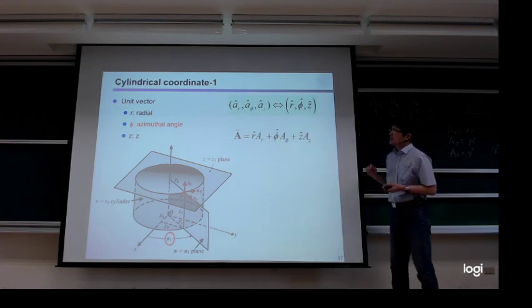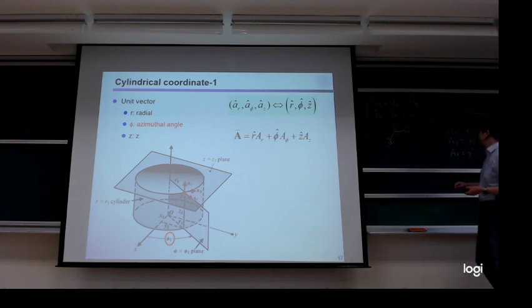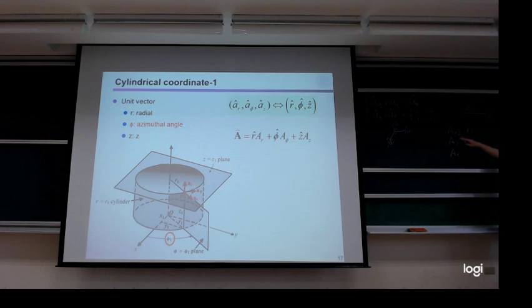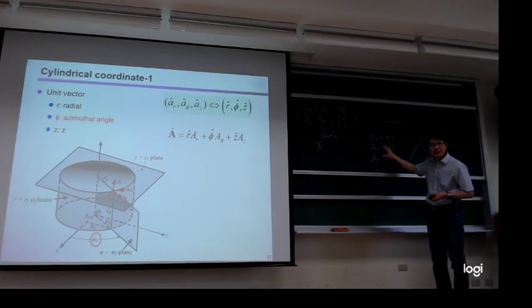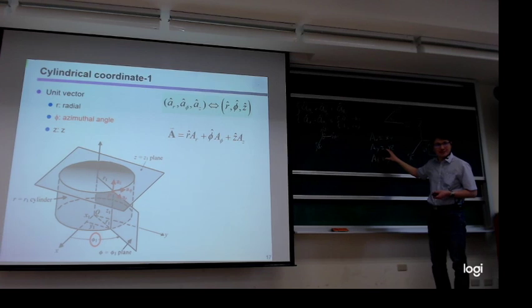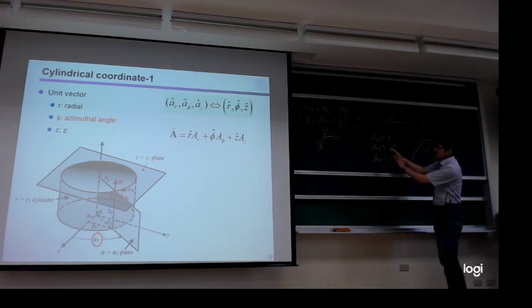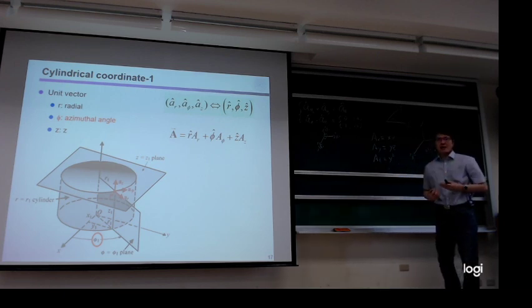But up to now, let me ask you a simple question. I have Ax, Ay, Az expressed in x, y, z, y squared, right? If I write the same vector using cylindrical coordinate, I want to express this same vector, but rewrite it somehow so it is defined using cylindrical coordinate.